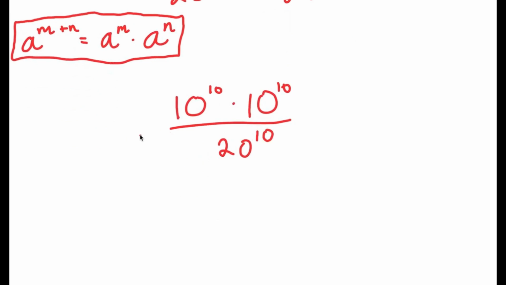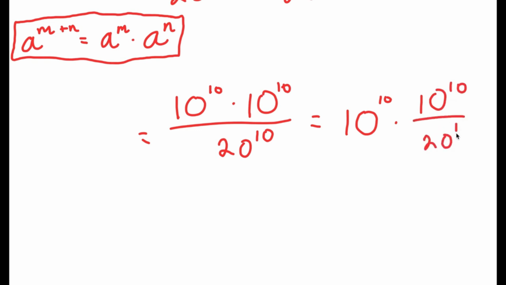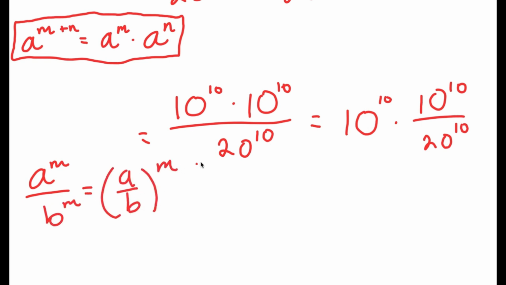Now, this can be written as 10 to the power of 10 times 10 to the power of 10 over 20 to the power of 10. All I did was I just grouped 10 to the power of 10 over 20 to the power of 10, because this way I can use the property a to the power of m over b to the power of m is equal to a over b to the power of m.